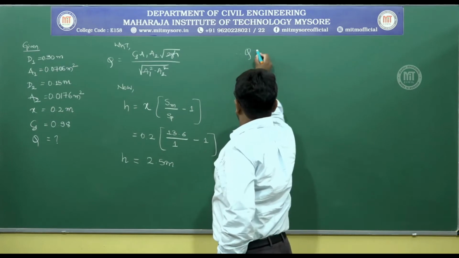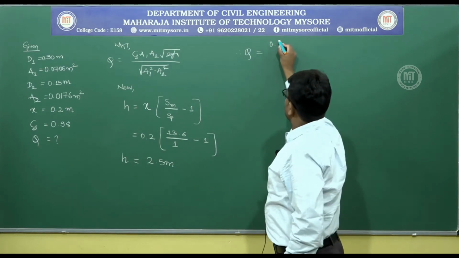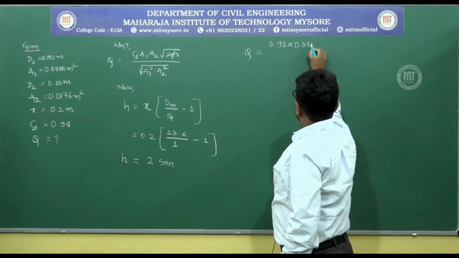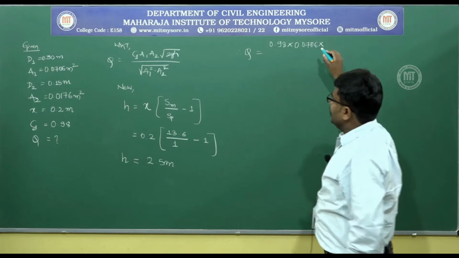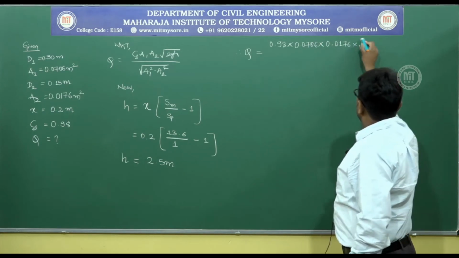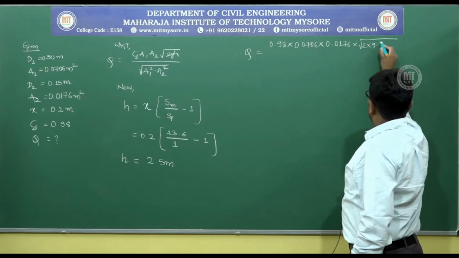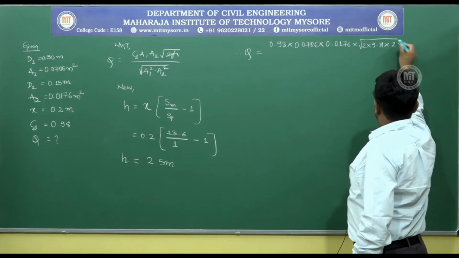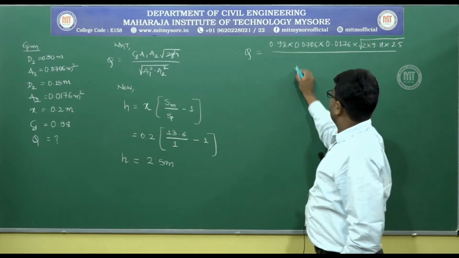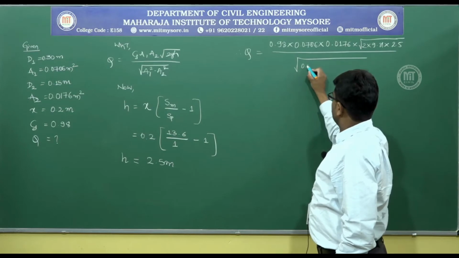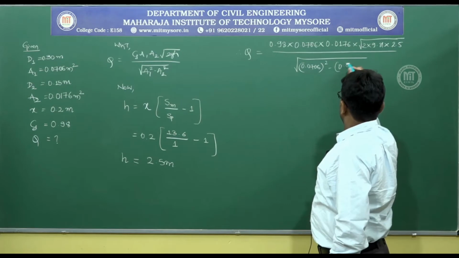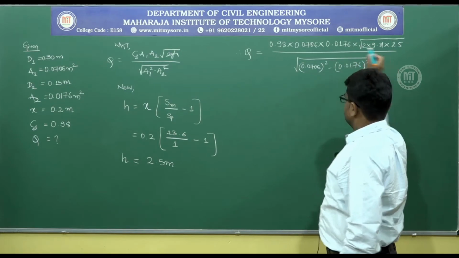Therefore, Q is equal to CD, that is 0.98, into A1, which is 0.0706, into A2, which is 0.0176, into root of 2 into 9.81 into H, which you have just found to be 2.5, whole divided by root of 0.0706 square minus 0.0176 square.